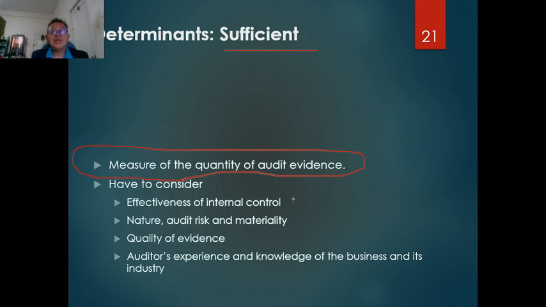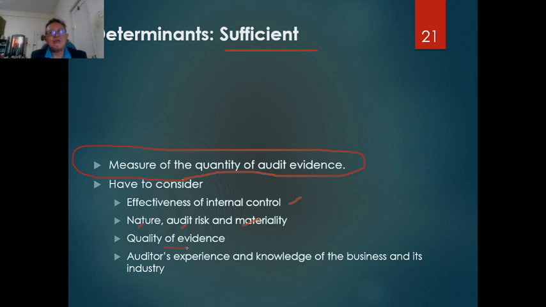For example, if the internal control is weak and you say that your control risk is high, therefore you need to gather more evidence. Again, this is why internal control matters. Then audit risk and materiality: a low level of materiality requires a higher amount of evidence. High audit risk means that to reduce audit risk, you need to gather more audit evidence.